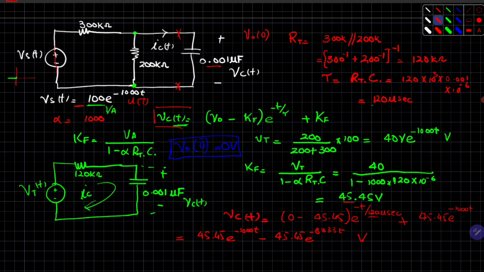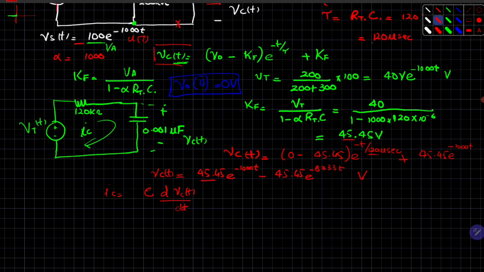Now the second part of the question is to find the value of IC. You know that if you have the value of Vc of t, then IC is equal to C dVc of t over dt. So we take the derivative of this whole term and multiply it by the capacitance value, and we get the final answer. So let's do it. What is the value of the capacitor?